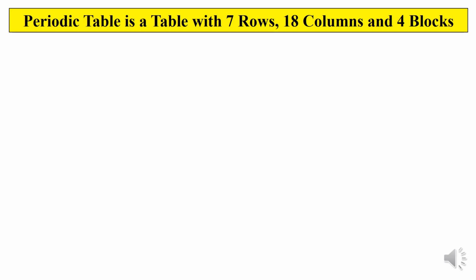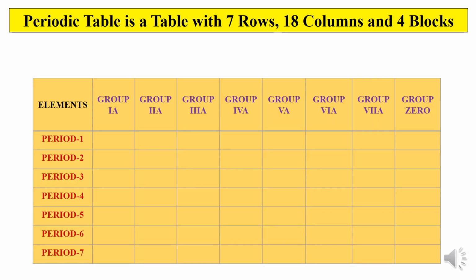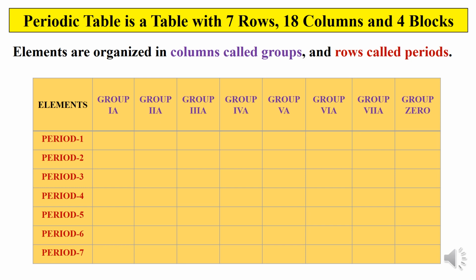The periodic table is a table with 7 rows, 18 columns and 4 blocks. Elements in the periodic table are organized in columns called groups and rows called periods.